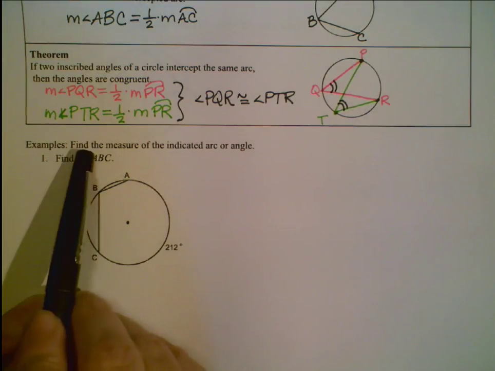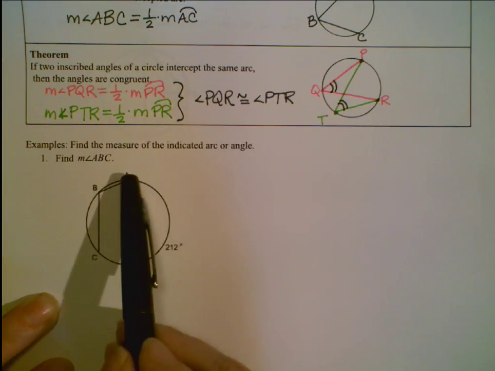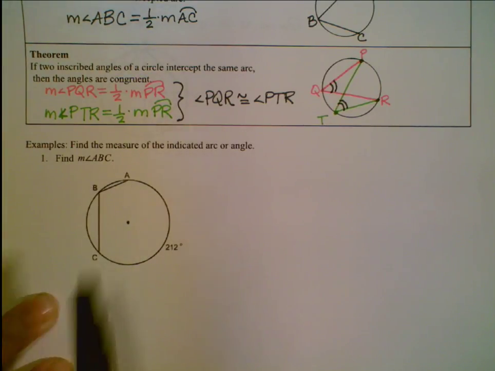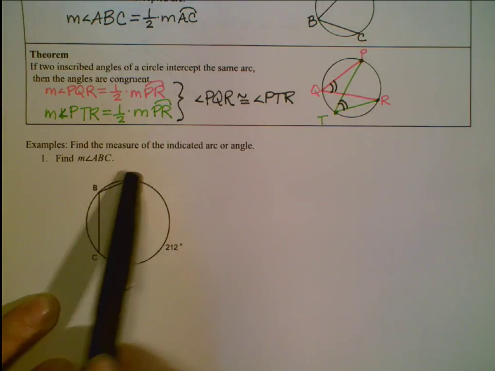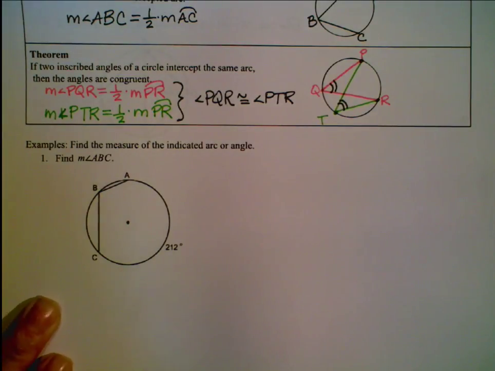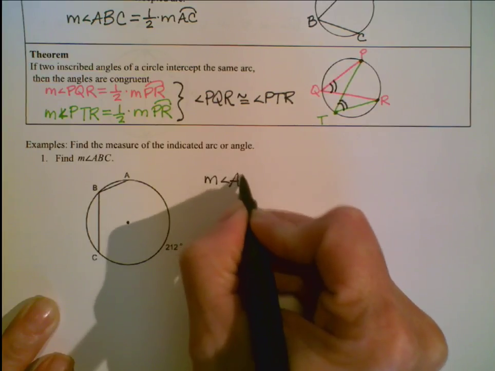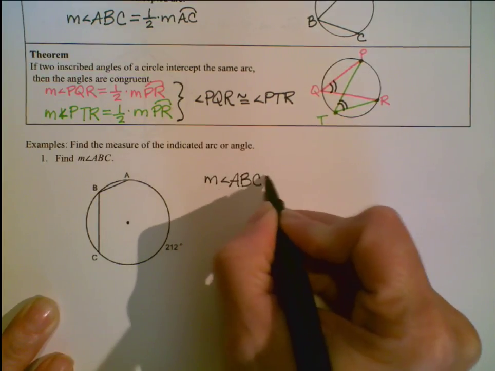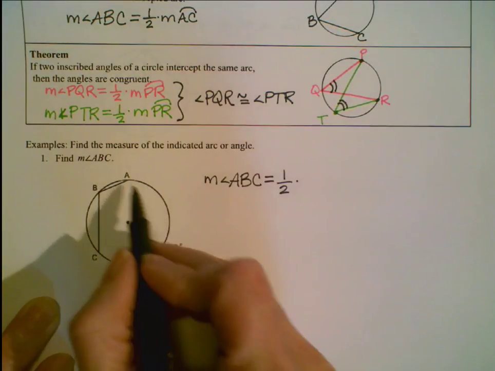So example 1, find the measure of angle ABC. We can see that angle ABC is an inscribed angle, has its vertex on the circle, and the sides of the angle are chords. So according to the theorem, the measure of angle ABC is equal to 1/2 times the measure of the arc that it intercepts.